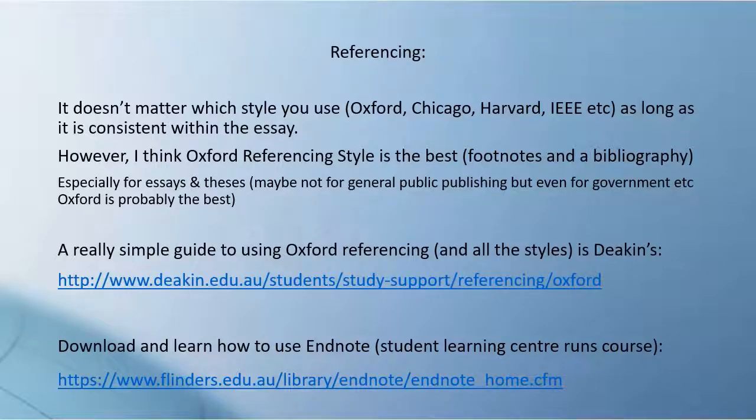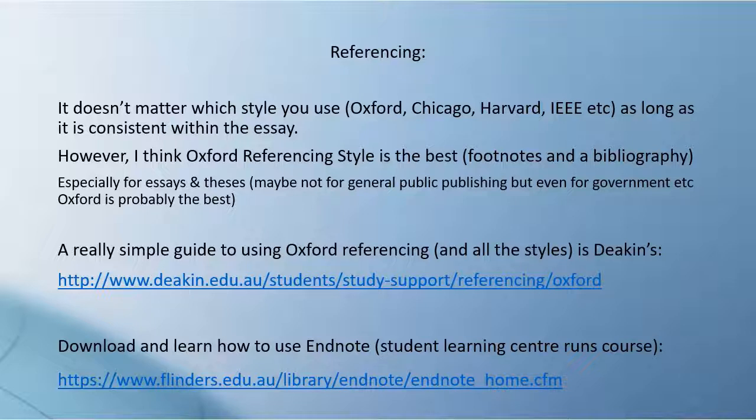Right. Next thing is referencing. I don't care what style of referencing you use, Oxford, Harvard, Chicago, IEEE, etc. My personal opinion is that Oxford referencing style is the best. So that's footnotes and a bibliography.